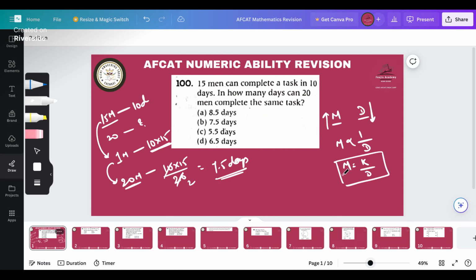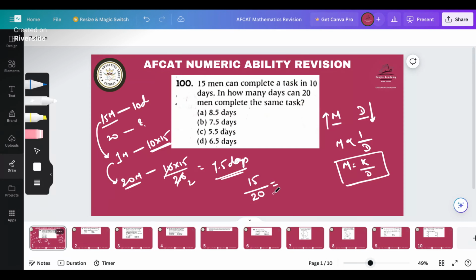Now you have observed that M and D are written in a crisscross manner. They are not written together. Now let's try to solve it with a trick. The trick is that 15 men have now become 20. What did I say?